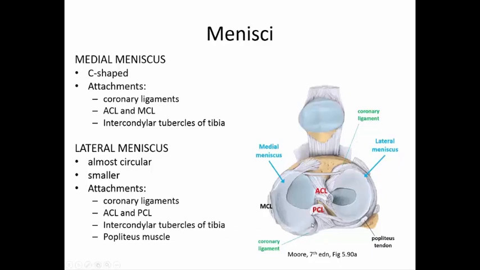It attaches also to the intercondylar tubercles, as well as to our popliteus muscle posteriorly. So we can see from this that our lateral meniscus is not bound or attached to our lateral collateral ligament. A medial meniscus is bound to our medial collateral ligament.